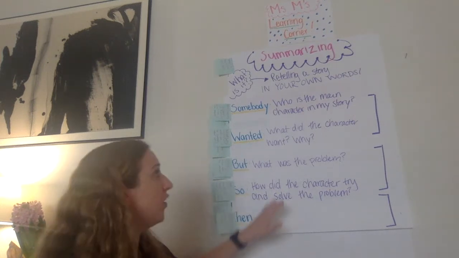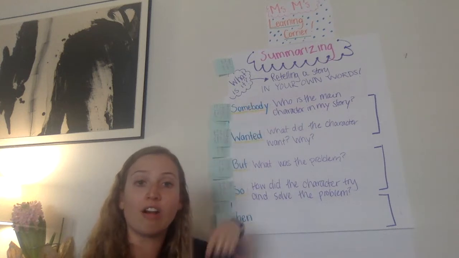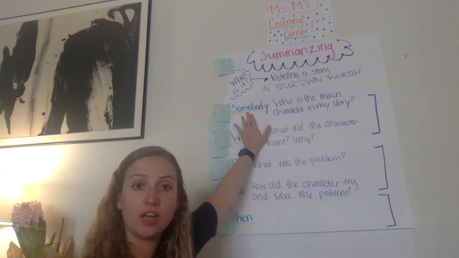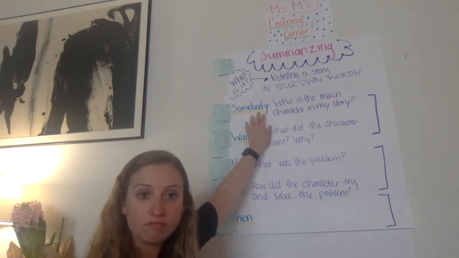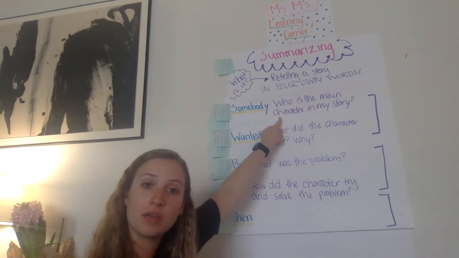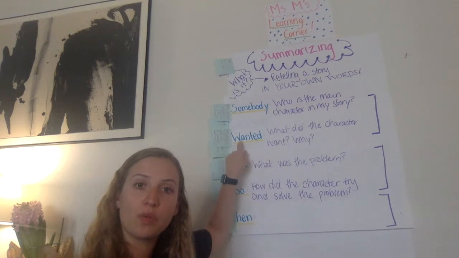Okay? So first we have, when we're summarizing a text, when we're retelling a story in our own words, we're going to start with the sentence starter, somebody. You're going to say somebody, and that is whoever the main character is. So you're asking yourself, who is the main character? Then your next sentence is going to start with wanted.